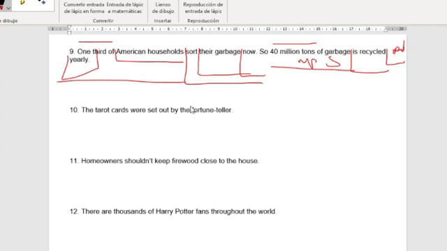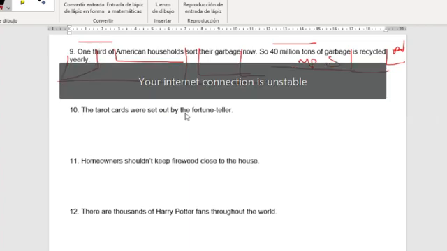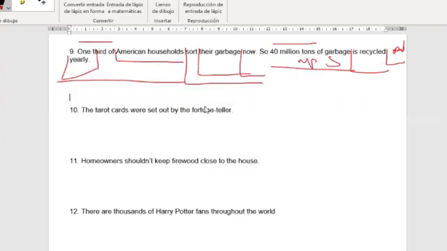So we have fortune teller. What type of verb is this? Transitive. So set out is the verb. This? Preposition. This? Definite article. This? Fortune teller is a noun, a compound noun.